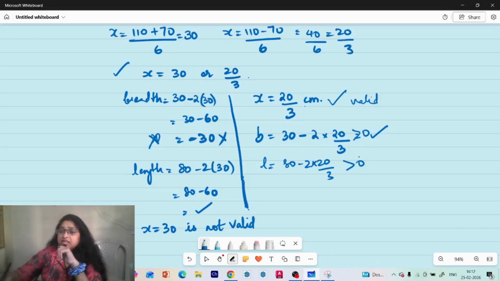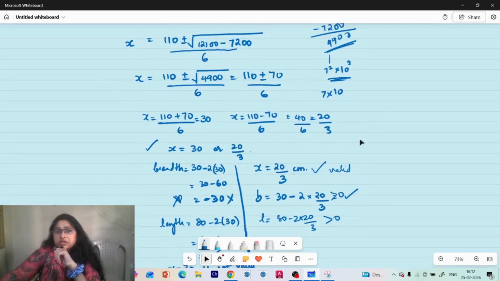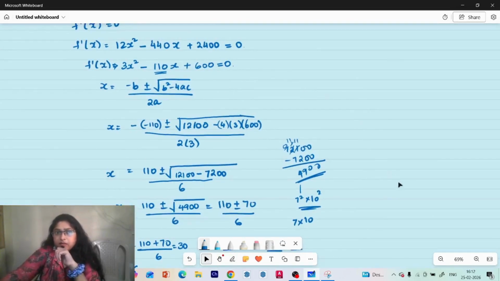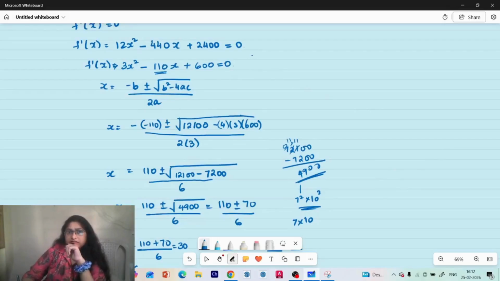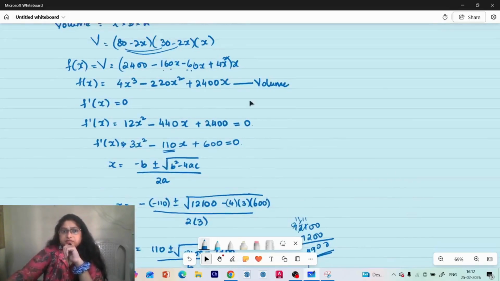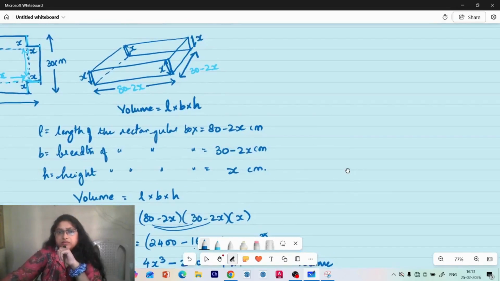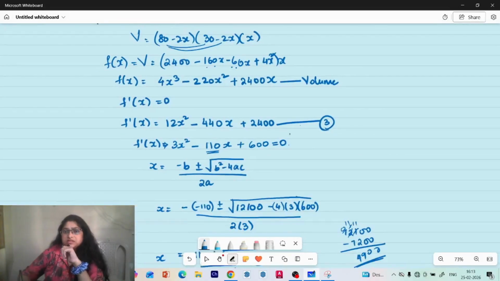Now let's see what happens to f double dash x at x is equal to 20 by 3. Let us take our f dash x equation, and differentiate it once more. Let's call this equation 2.